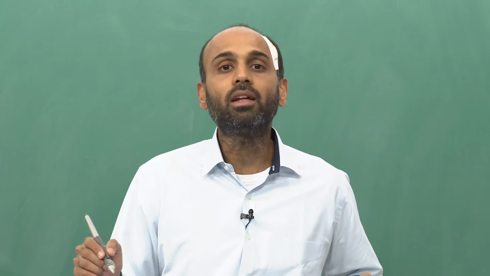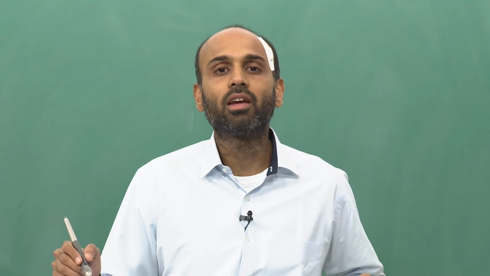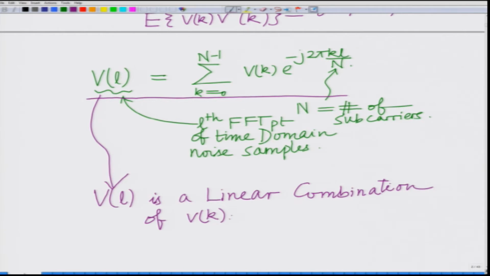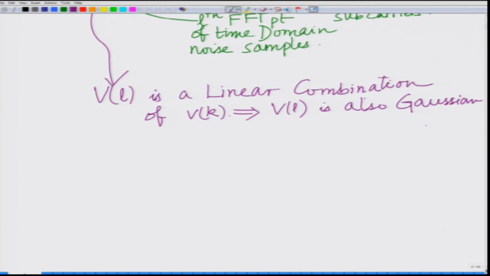Therefore, since the capital VL is a linear combination of the time domain noise samples small Vk, capital VL is in turn a Gaussian random variable. That is the first property.